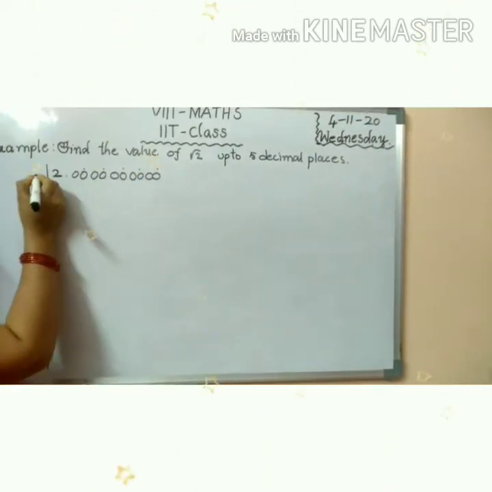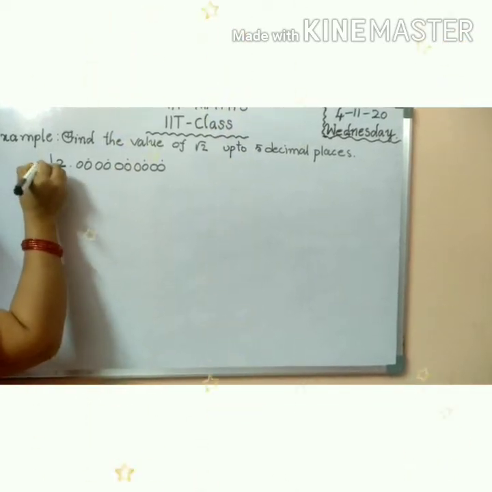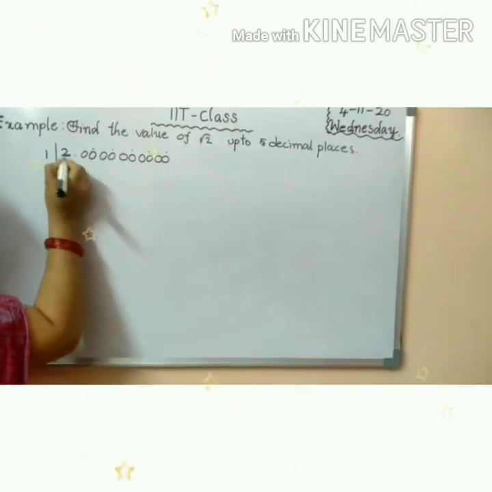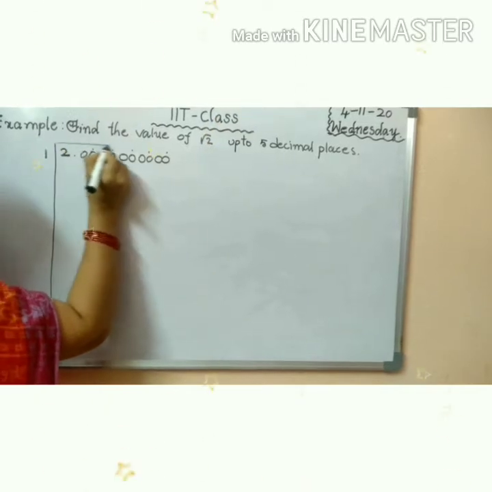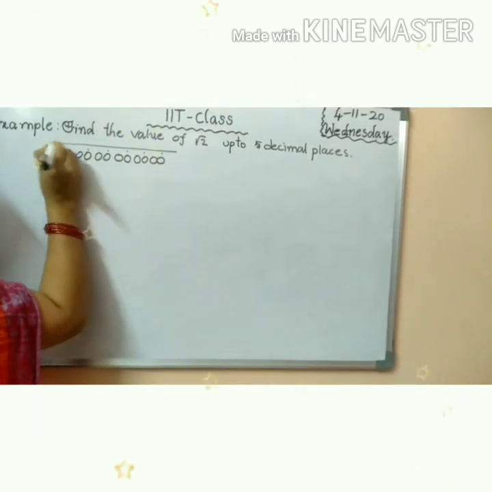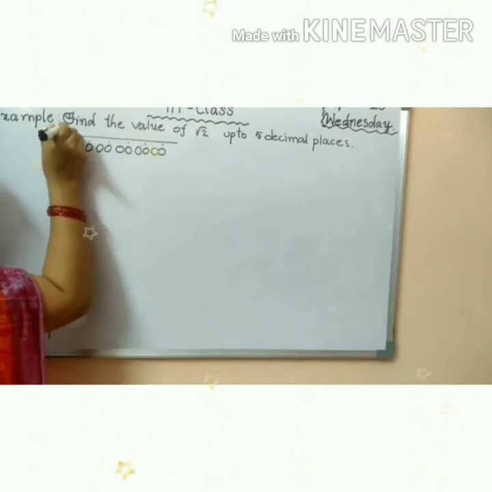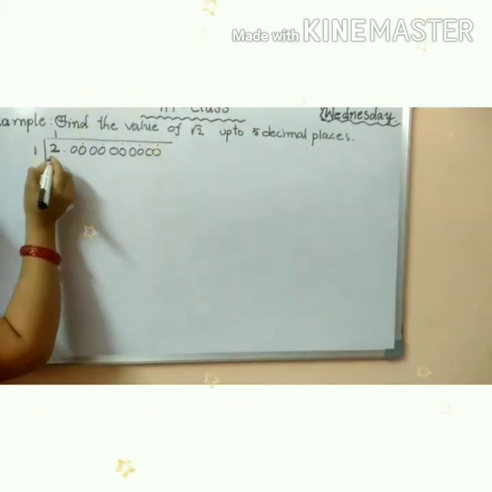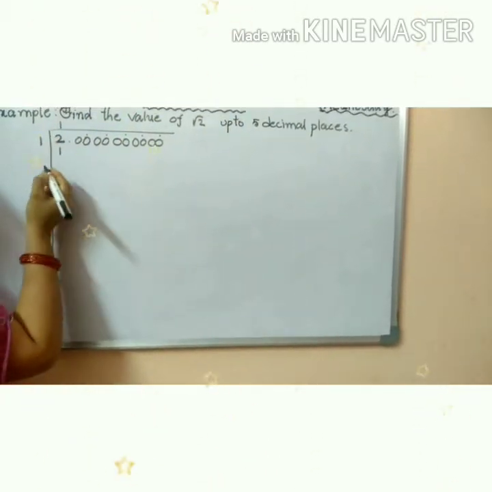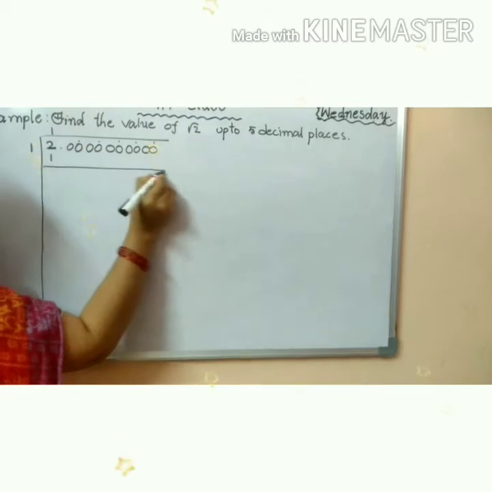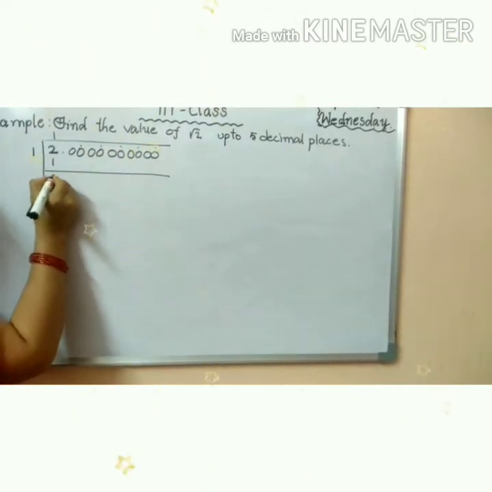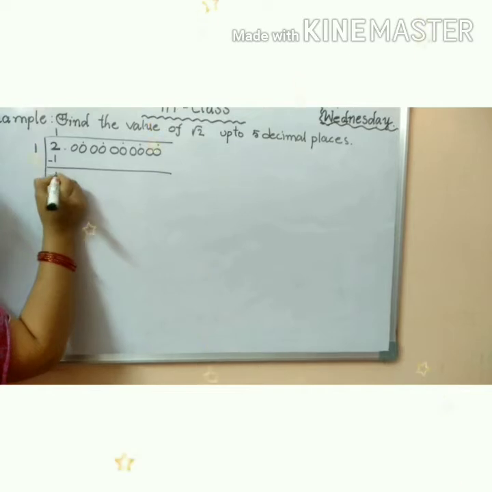In this case the nearest number is 1, so multiply 1 into 1. 1 ones are 1. Subtract the 1 from 2, and 1 remains.